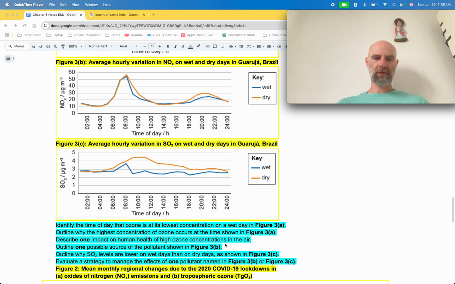Outline one possible source of the pollutant shown in Figure 3b. So, this one right here. Could be burning of fossil fuels when I'm looking at 8 a.m. here. Just with power plants, electricity starting on up. Also, motor vehicles. Remember, 8 a.m. is also rush hour traffic for a lot of places.